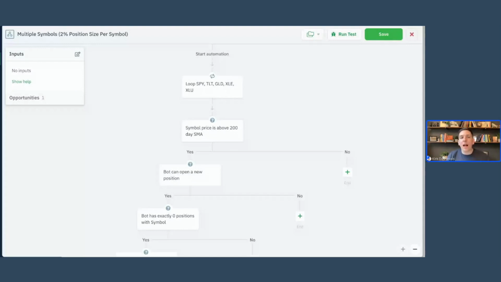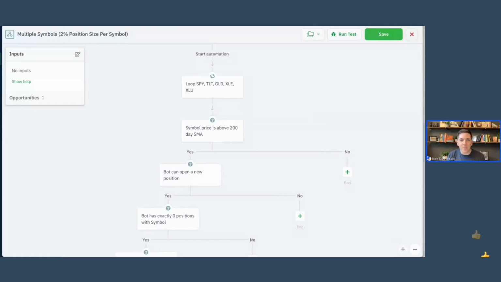Here's what this one wants to do. This scanner will allow the bot to get into 1 position for each ticker symbol in my loop, and I'm setting it up so that 1 position is 2% of my total portfolio. 2% of $2,000 already is not enough cash.